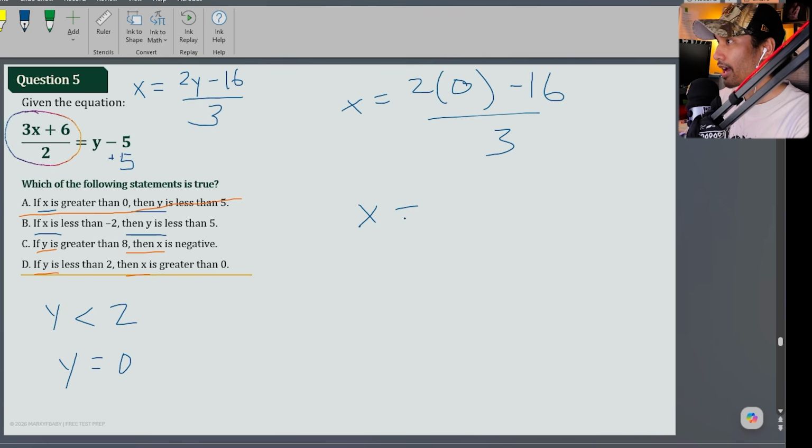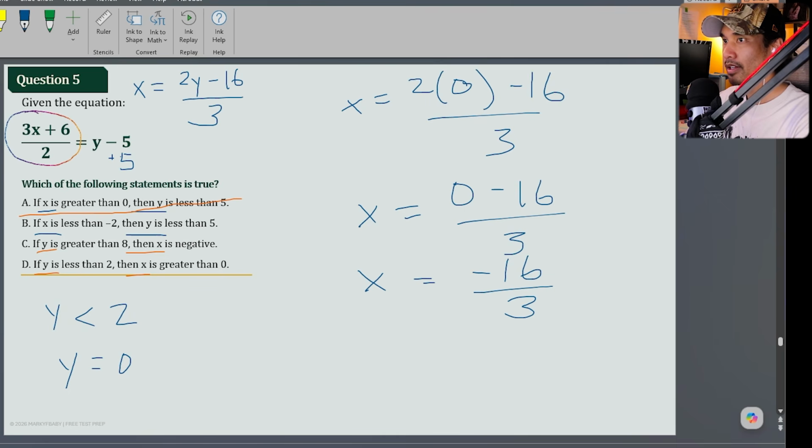That's going to give us x equal to negative 16 divided by 3. And is x greater than 0? Well, no, because this is going to be a negative number. So this is wrong. So I'm going to get rid of answer choice D.